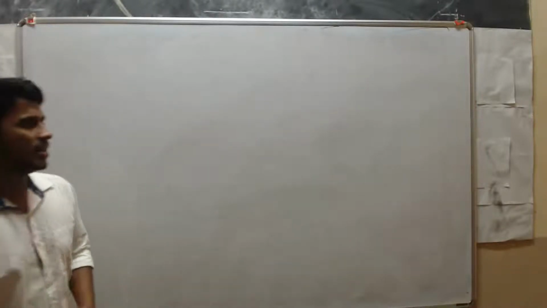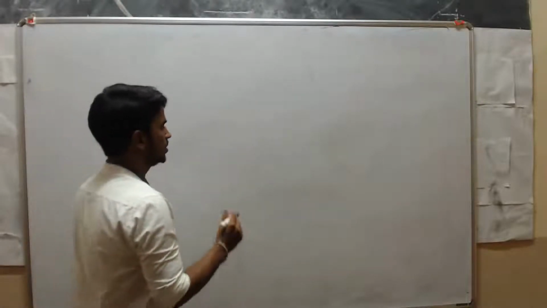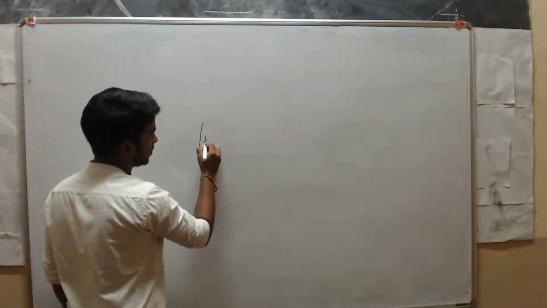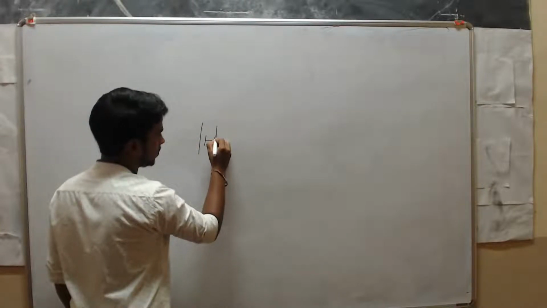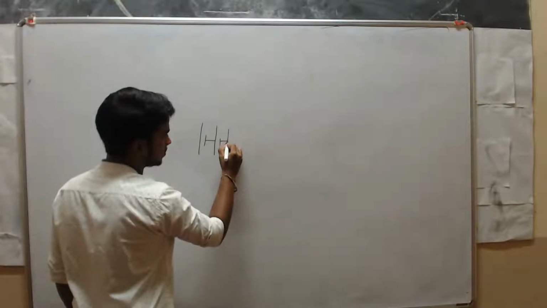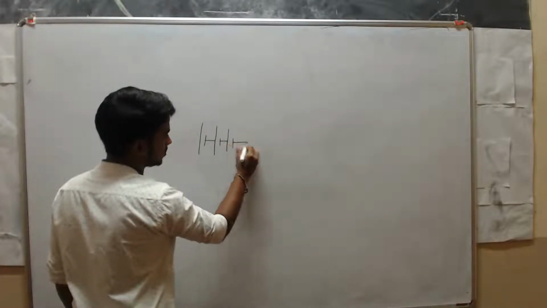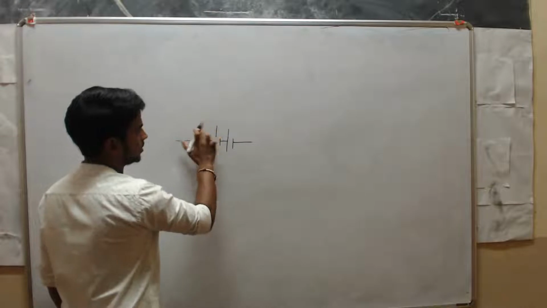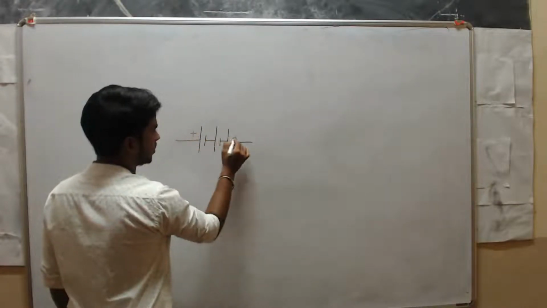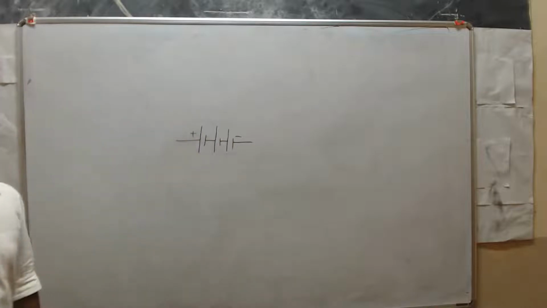Next, battery. Battery means what? It is more than one cell. So this is the symbol of battery.